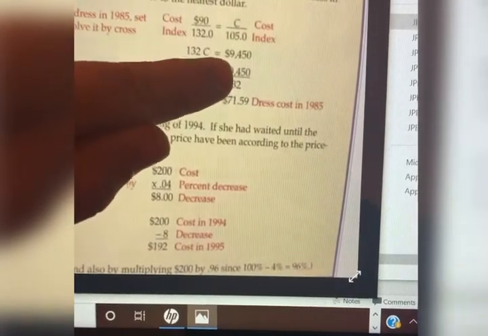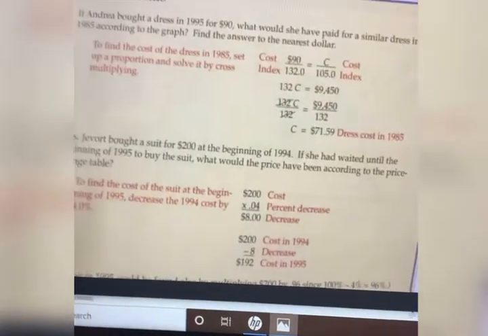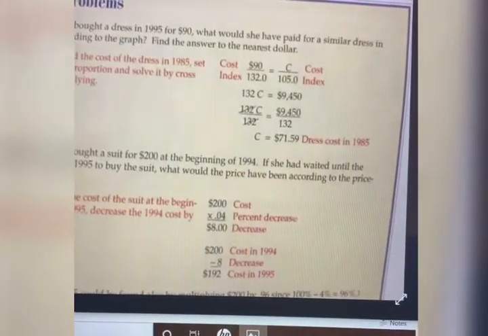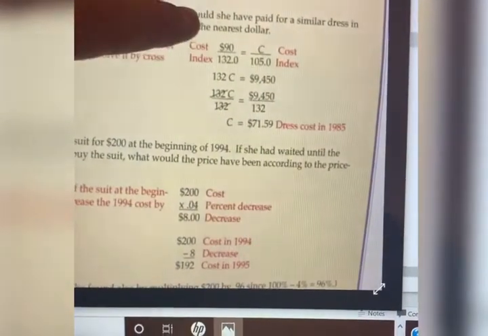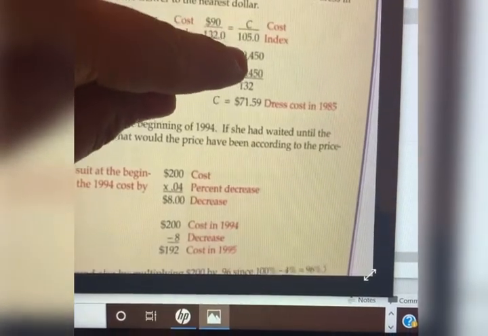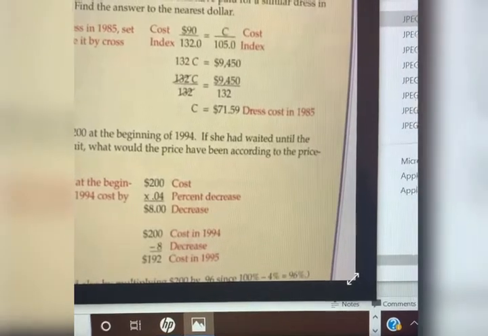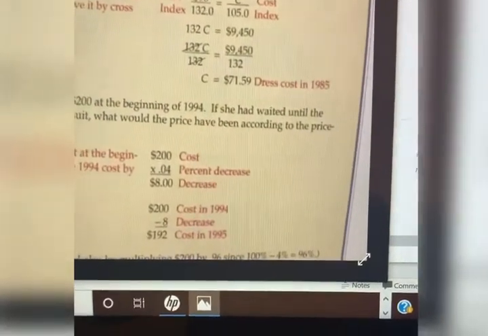Then you find the index for 1985, because that's the other year they're working with here. And then you do a crisscross and multiply to do the ratio to find C, because it's 90 over the index of 1995, and then you're finding the cost for the index correlating to 1985, which is 105.